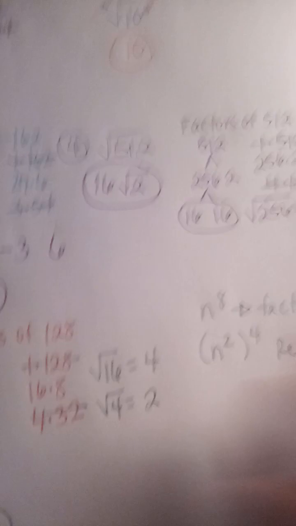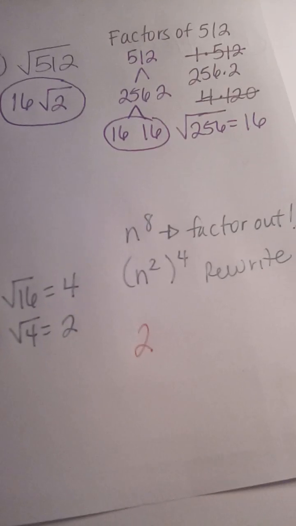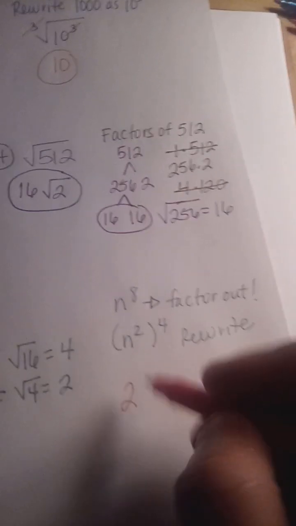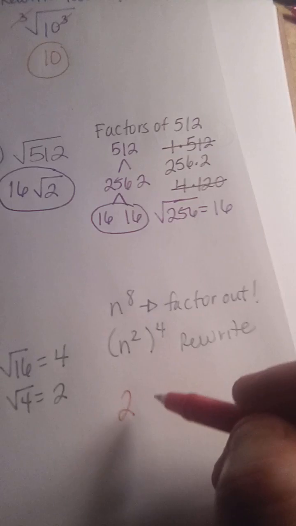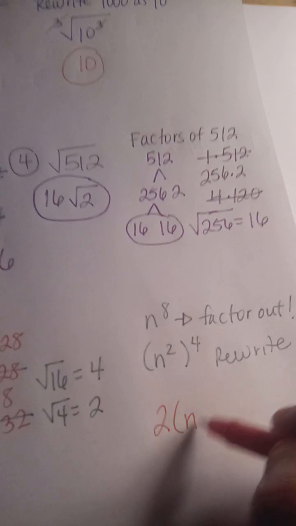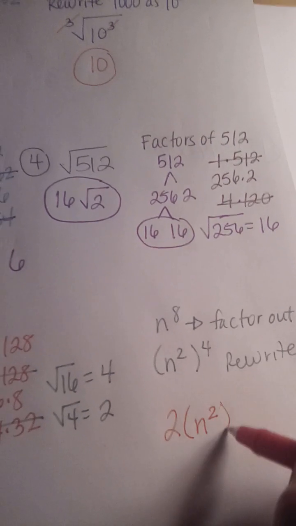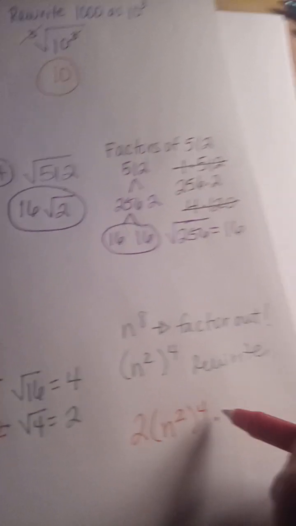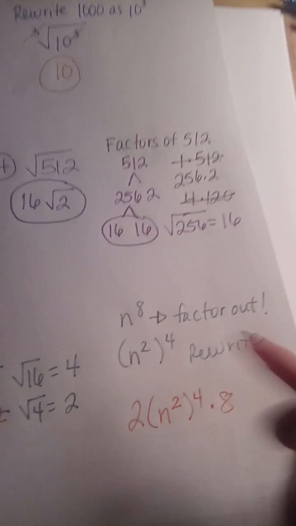Now, I could do this. Let's bring down the 2. Let me put an arrow on that. No problem. I'm going to bring down the 2 and the parentheses n squared to the 4th, times 8.